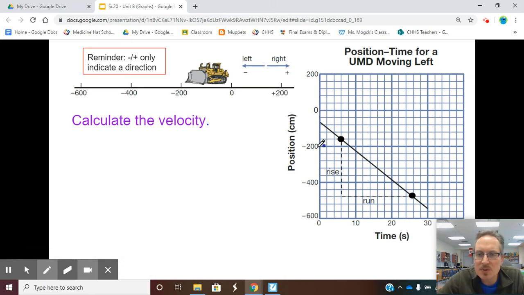If this is 200, let's go 50, minus 100, minus 200, nope, that doesn't work. So I bet it's going by 40s. So this is minus 40, minus 80, minus 120, minus 160, minus 200. Beautiful. So we're going by 40s.